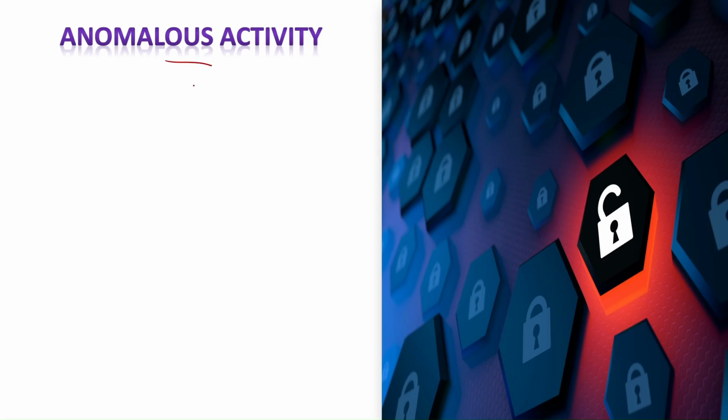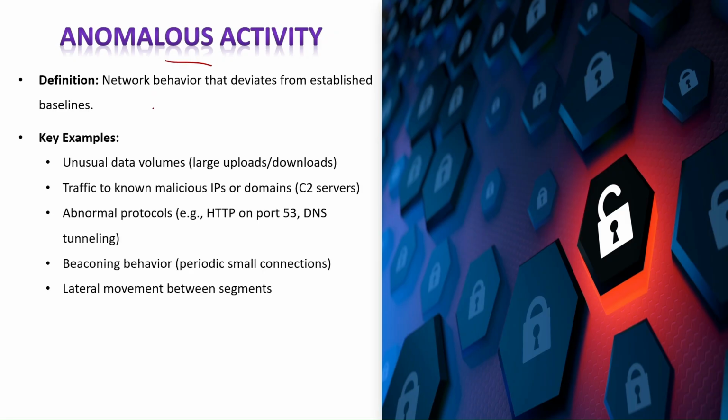Next is anomalous activity. When the network behavior deviates from the established baseline, that is an indicator of anomalous activity.